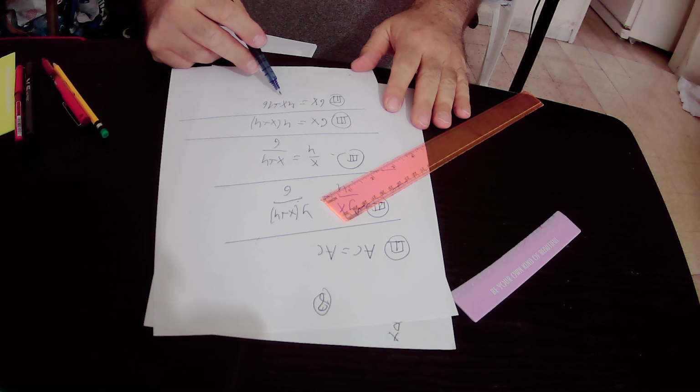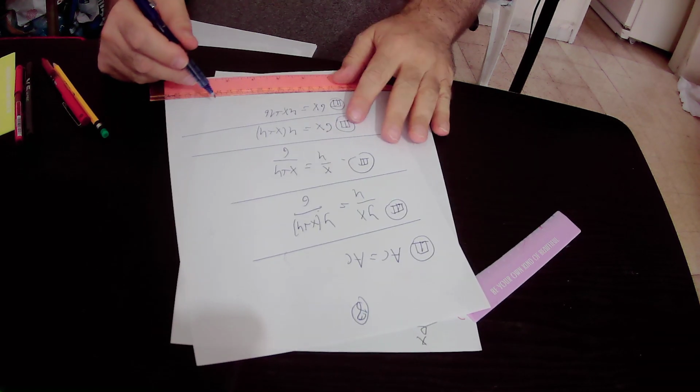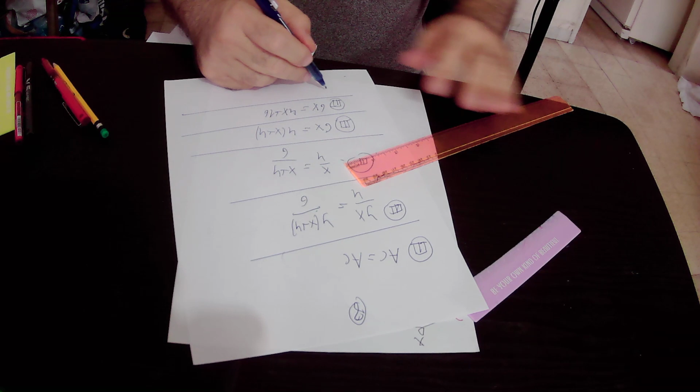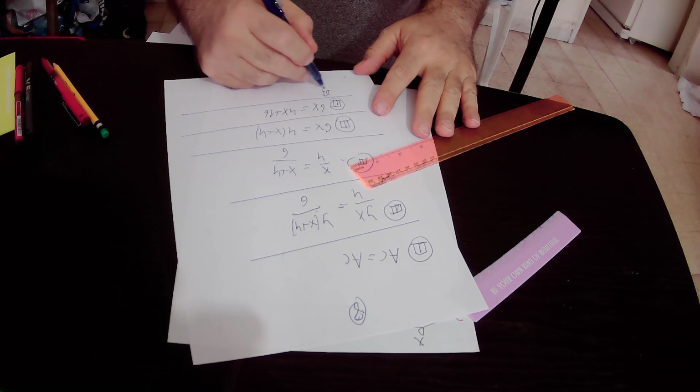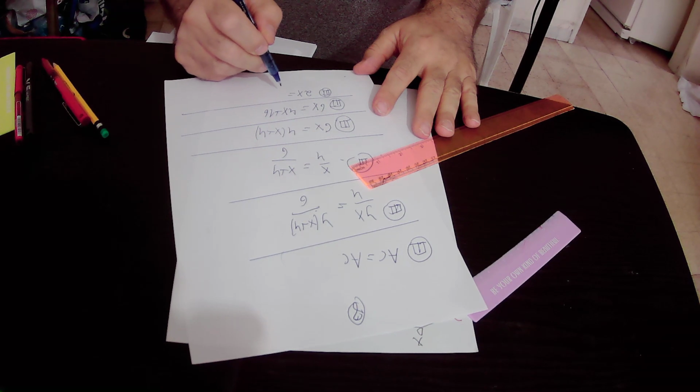We will subtract 4x from equation number 3, and we will get that 2x equals 16.